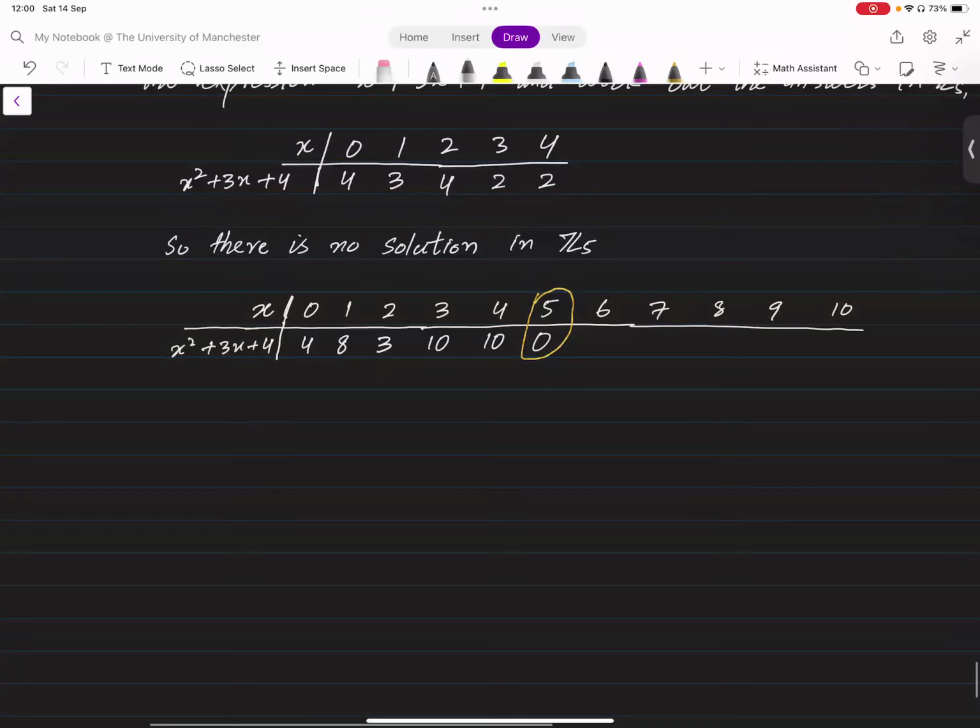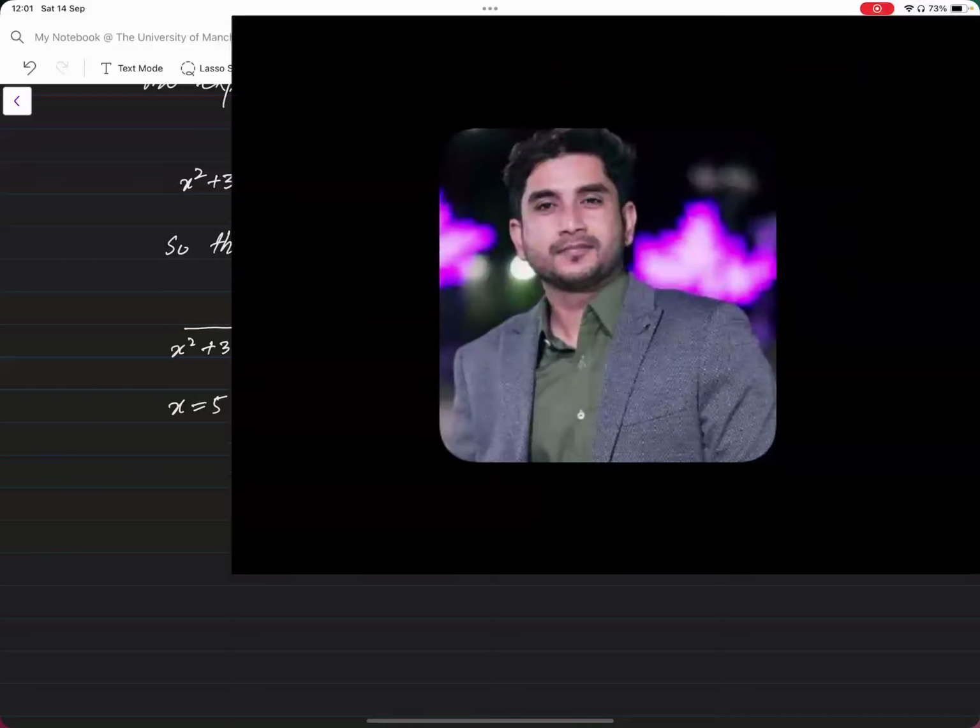So you can say x is 5 is a solution for x squared plus 3x plus 4 in Z11. Okay, perfect. We will end this lecture over here.